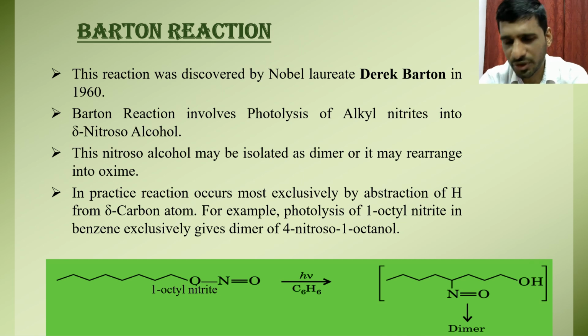So the final product will have two different functional groups. One functional group will be the nitroso group, that is the NO moiety, and another will be the hydroxyl group. This nitroso alcohol may be isolated as a dimer or it may rearrange into oxime.